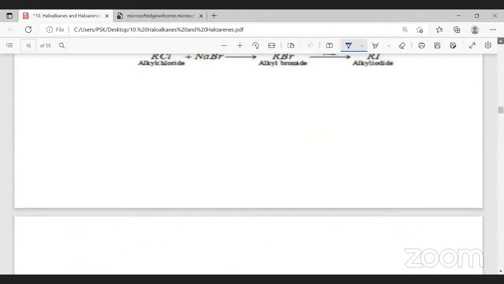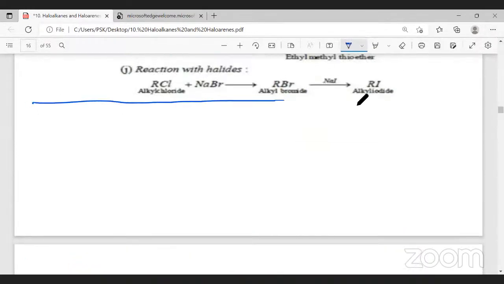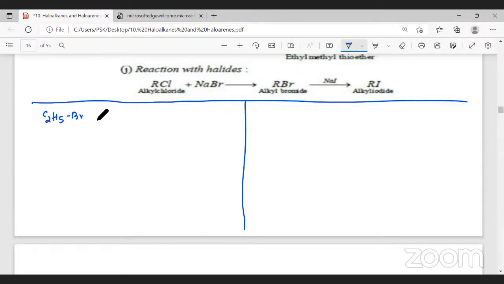Now, what is this ammonolysis? I will write here because I need space. Let's take a simple alkyl halide example, C2H5Br. When this is allowed to react with ammonia, NH3, which we will write for our convenience as NH2 and H, at 100 degrees Celsius in a sealed glass tube, what happens?